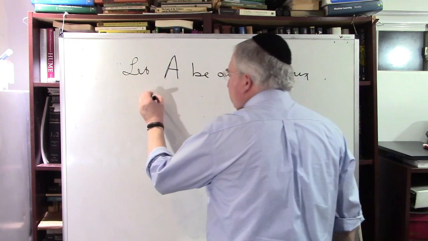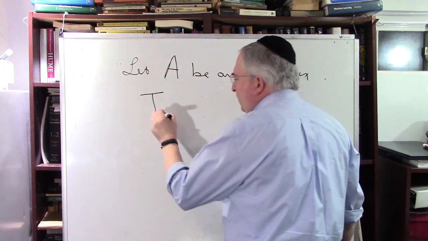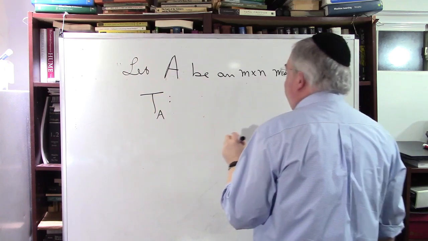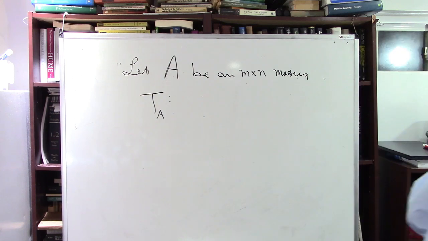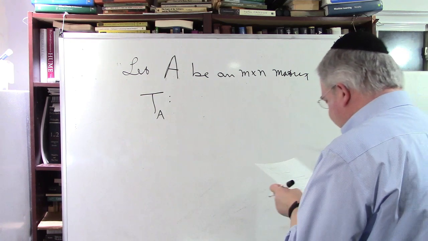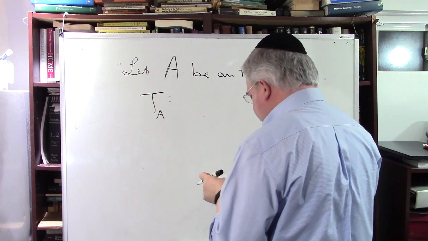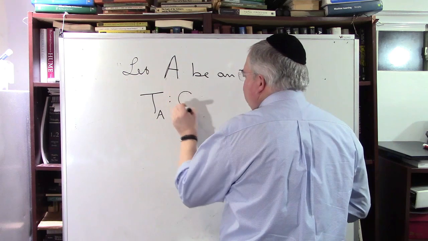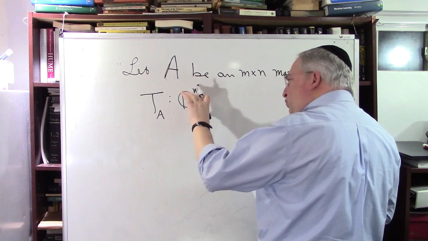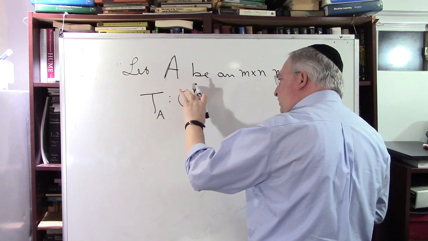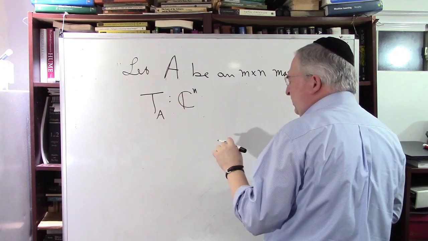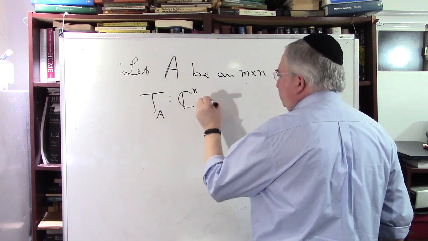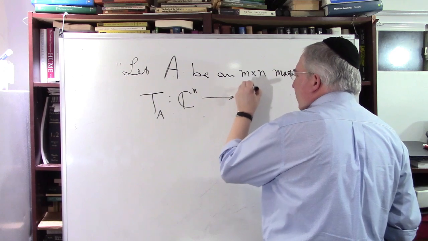And so we're going to make a transformation T. It's going to be based on A. And it's going to go from C to the n, columns, vectors of n complex numbers, to vectors of m complex numbers.